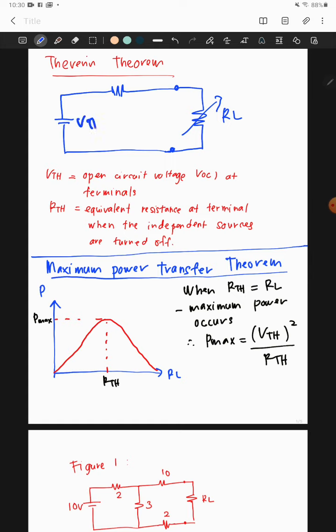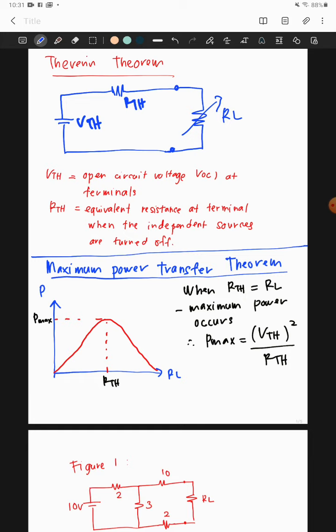The circuit for Thevenin theorem is your Thevenin voltage VTH in series with your Thevenin resistance RTH. This circuit is usually connected to the load, so the load will vary.